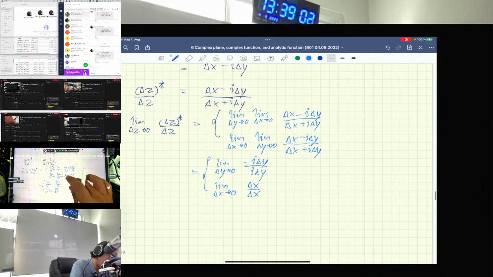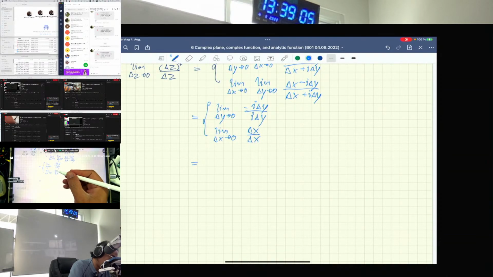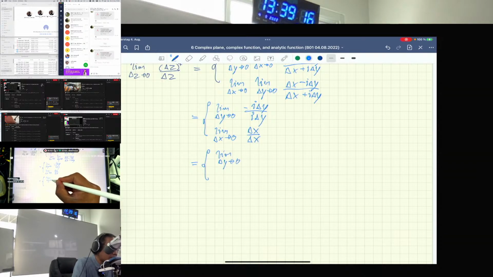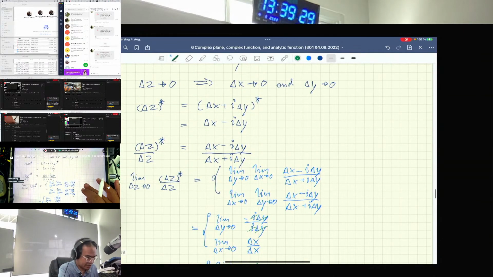And what is that then? Once the limit delta y goes to 0, these will cancel each other, the i and i, so it's going to be a limit of minus 1.